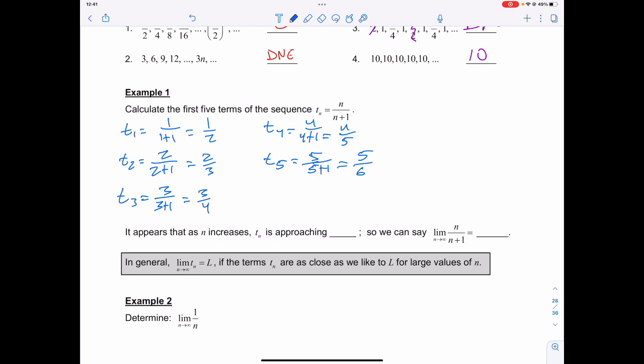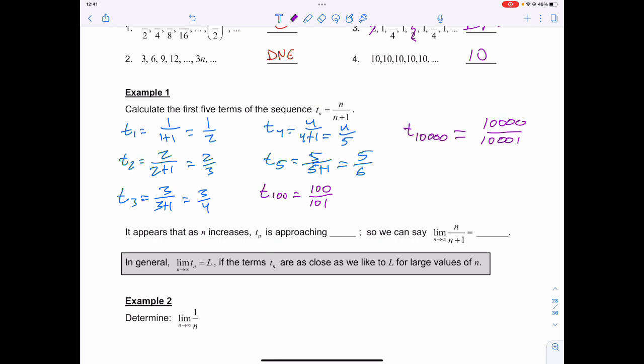So we can already see the pattern. The numerator and denominator are always going to be one number apart, which means that if I went on to term 100, it's going to be 100 over 101. If I went to term 10,000, it's going to be 10,000 over 10,001.